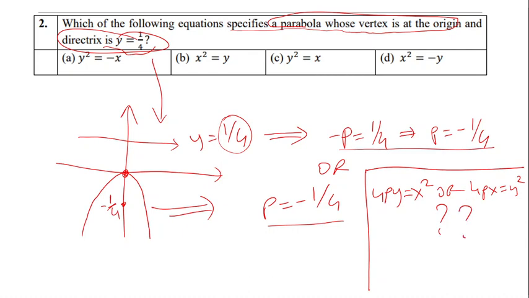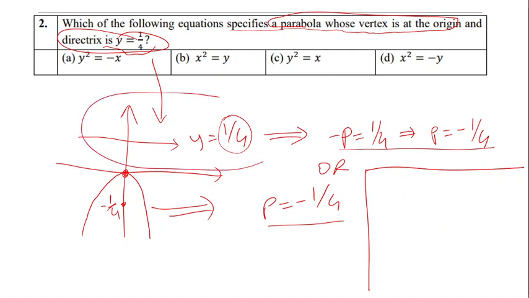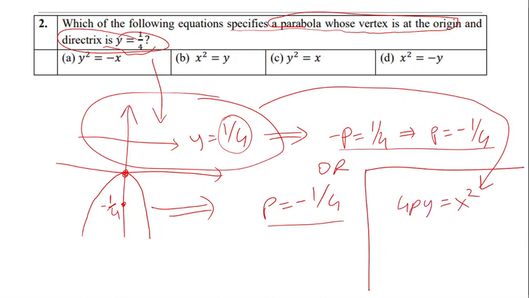You can use several pieces of information here. One is if it is a y directrix, you can directly say it is the 4py is equal to x squared type, because this is the y equal to 1 over 4 line, a horizontal line.